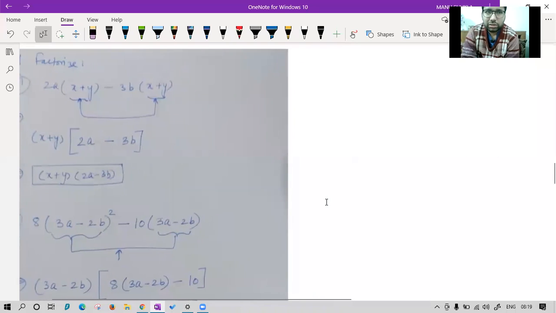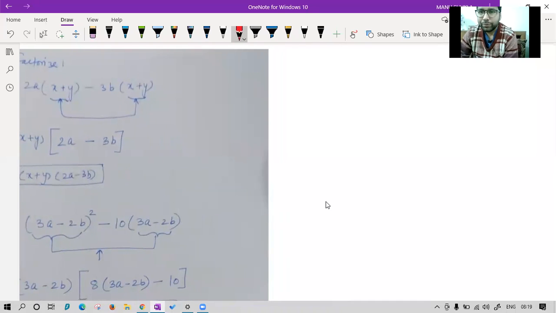Before starting the question, I hope you all remember what we mean by factorization. You must have the expression in multiplication. Inside you can have plus or minus, no issue, but outside, between the two expressions, you must have a multiplication. Then only you can say that the factor form is obtained.